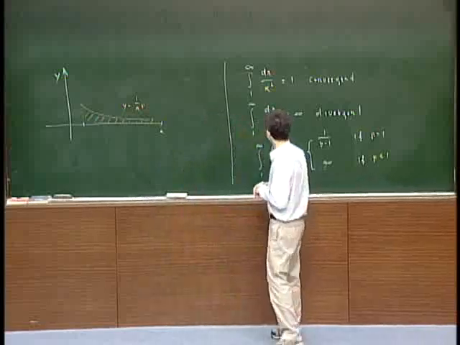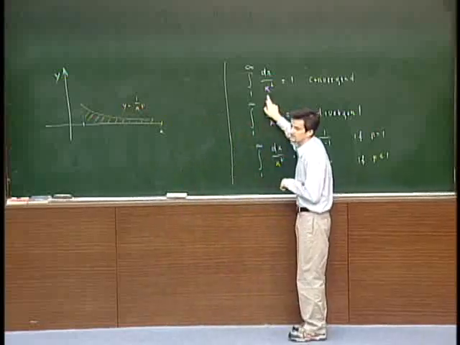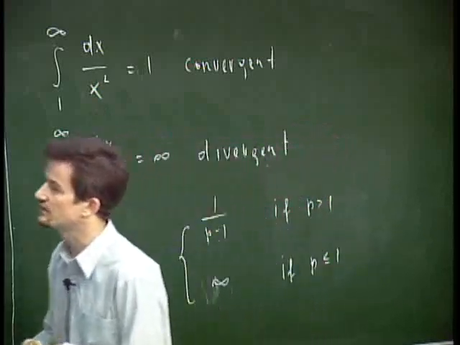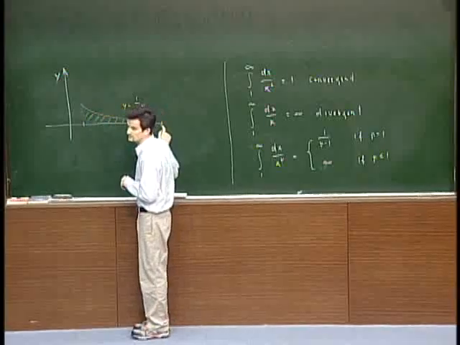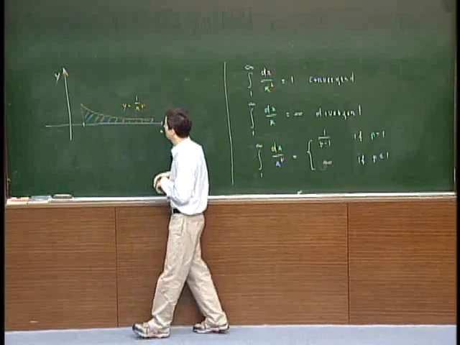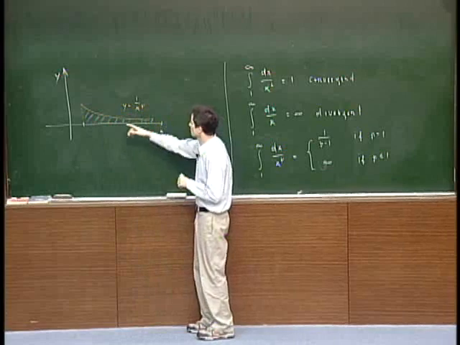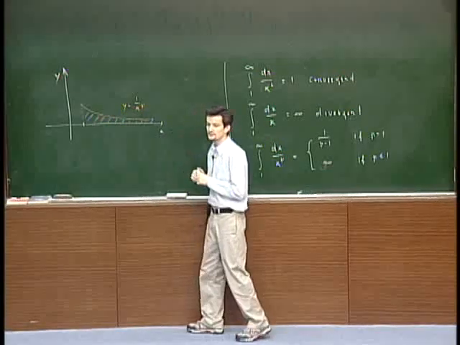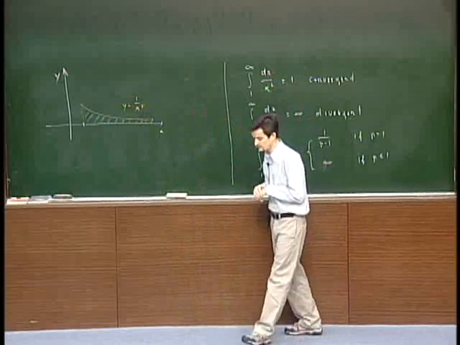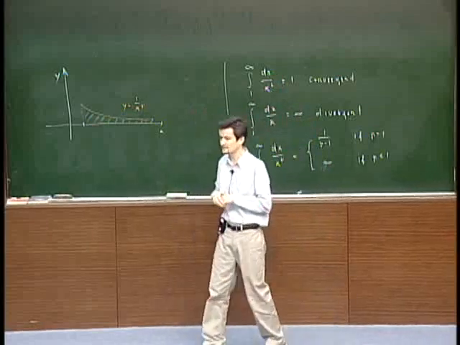So whether such an integral is convergent or not depends, roughly speaking, on the speed at which the function tends to 0 as x tends to infinity. If the function tends to 0 very quickly as x tends to infinity, the improper integral is likely to exist.